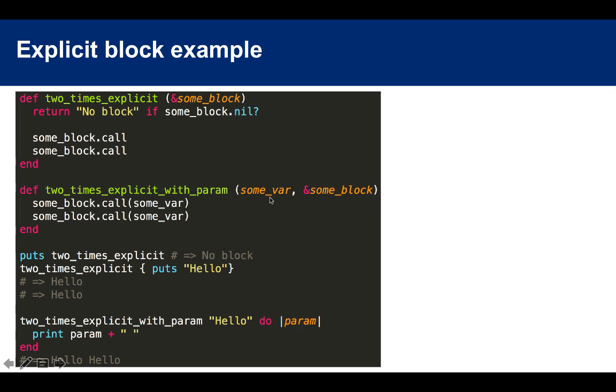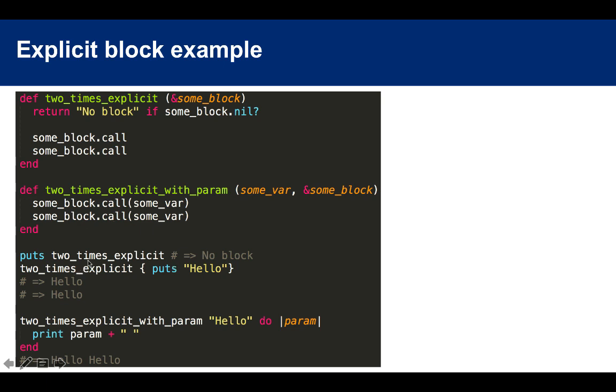So in this case, some_var is your variable, and you could actually use that variable or any variables you define inside the method to pass into a block, and they become block parameters defined between those pipes in the block definition. So some_block.call, you pass the variable, and you pass the variable again.